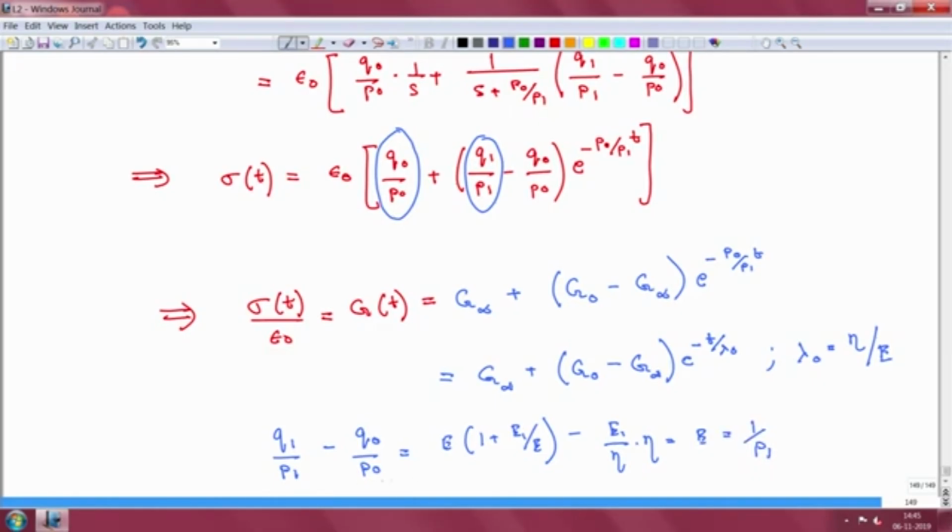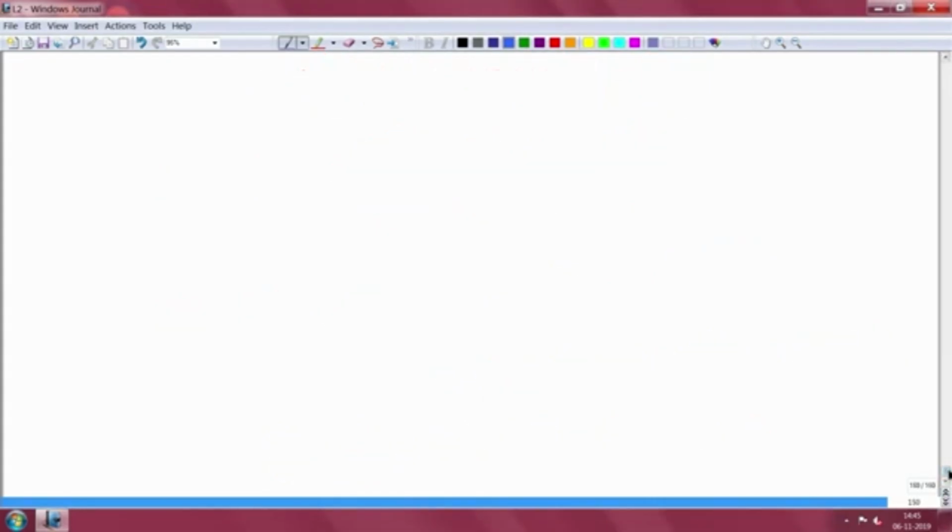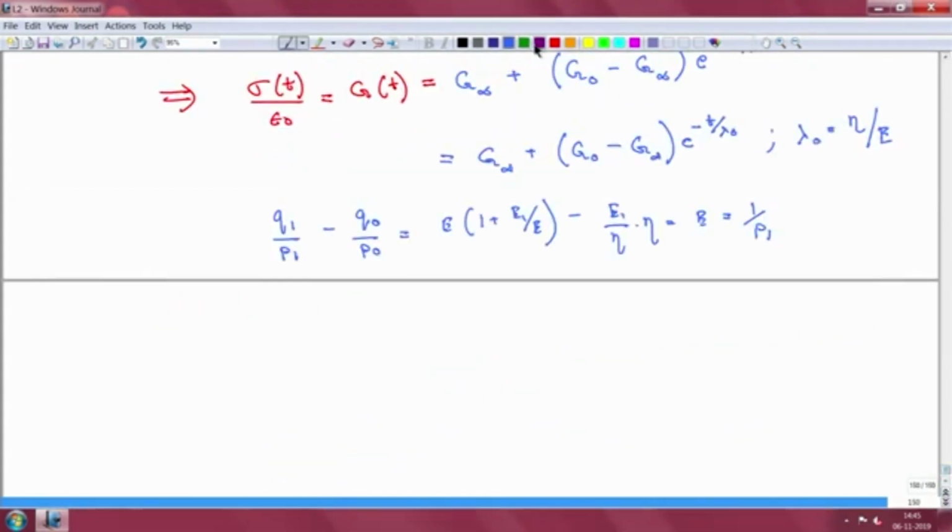So, this fraction is greater than 0. So, this is actually a positive number, which implies that your g 0 is greater than g infinity.